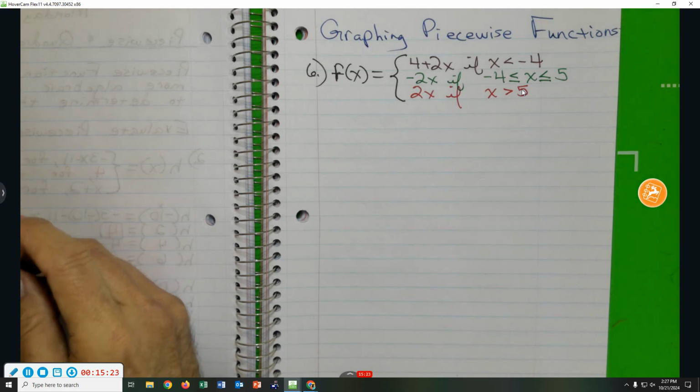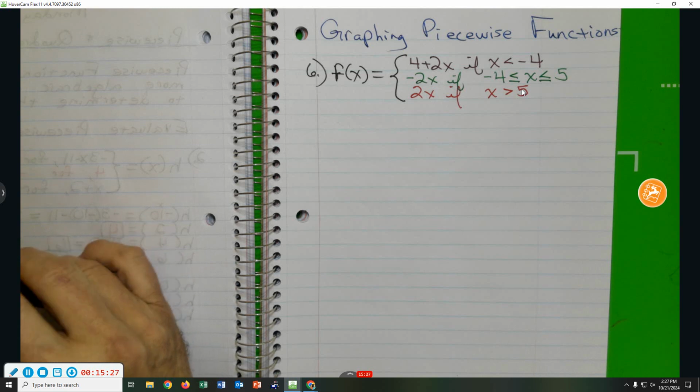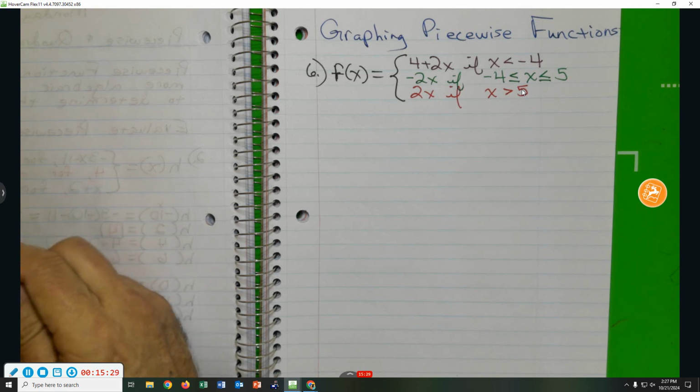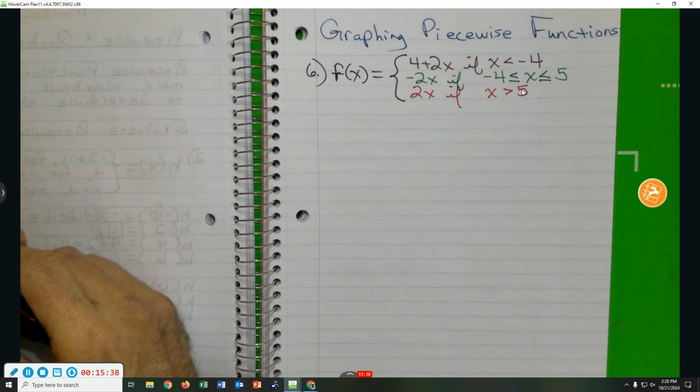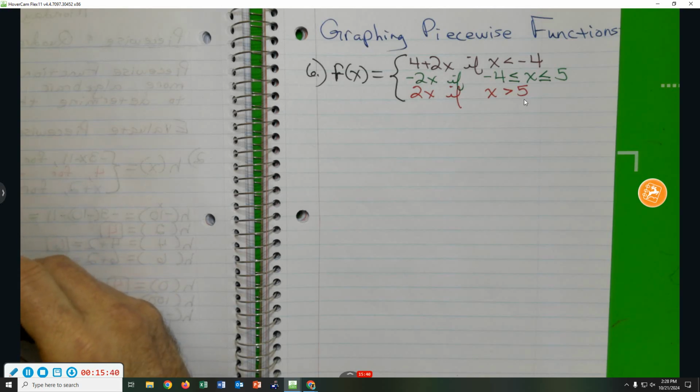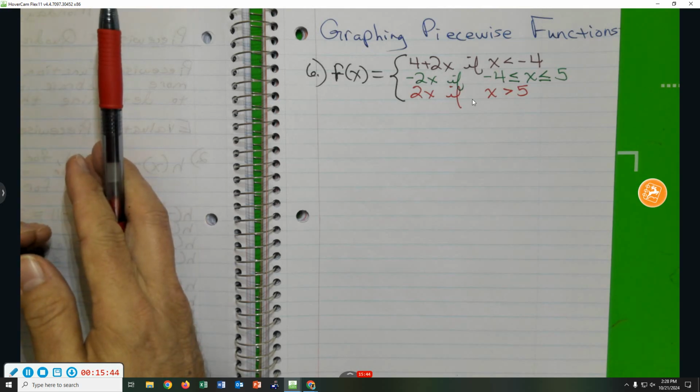Remember, a vertical line cannot intersect a function in 2 or more spots. So what we're going to do to graph these things is plot points. But we're going to plot points intelligently. We're not just going to start randomly choosing x values to plug in.